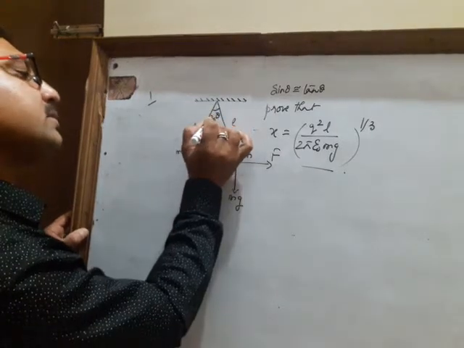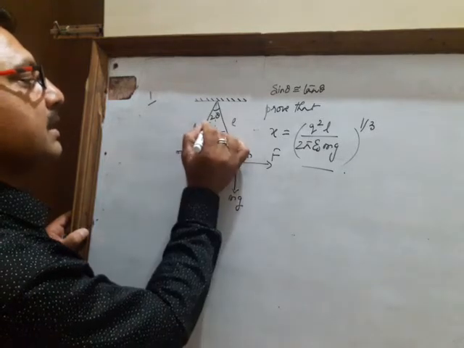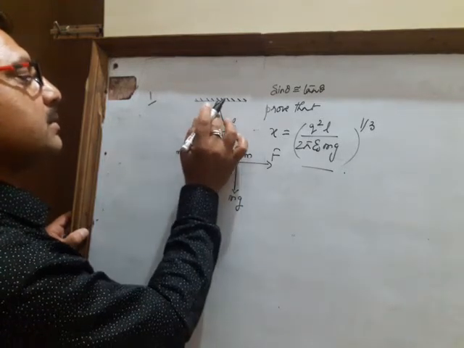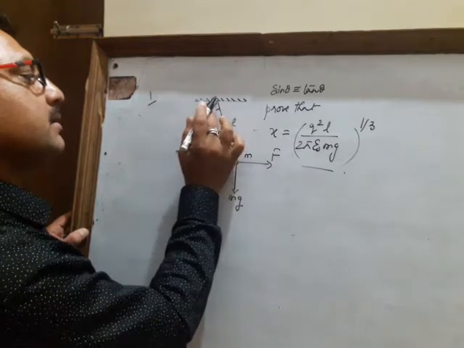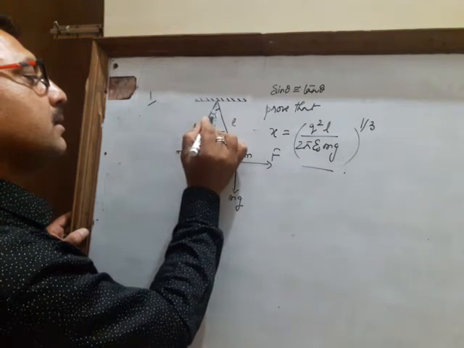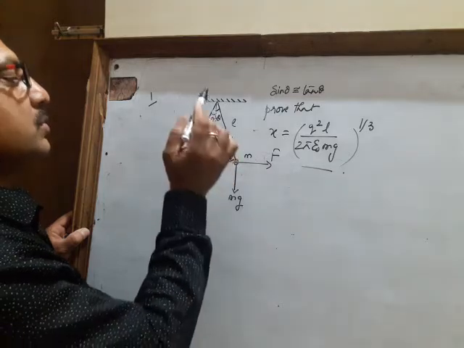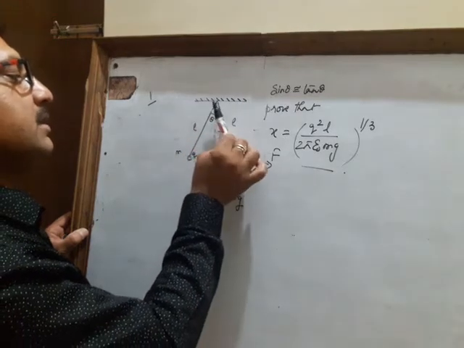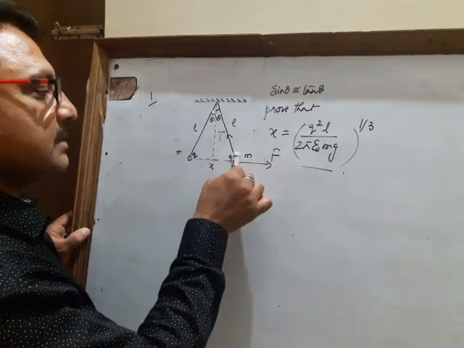If I draw this perpendicular like this in the triangle, you see this angle becomes theta and this is theta. So this is the tension in the string, this is the Coulombian force, this is the weight.